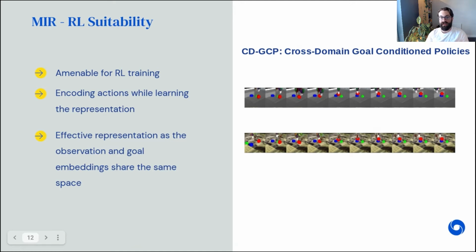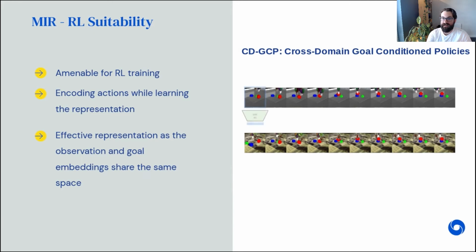Finally, we wanted to make our representations also more RL friendly, more suitable for reinforcement learning training, since that is what we used for our trajectory tracking. So in order to do that, we added an additional auxiliary loss for training goal conditional policies in a cross-domain manner.